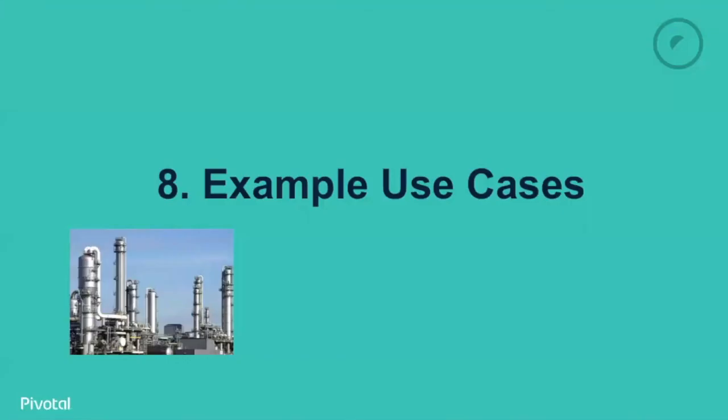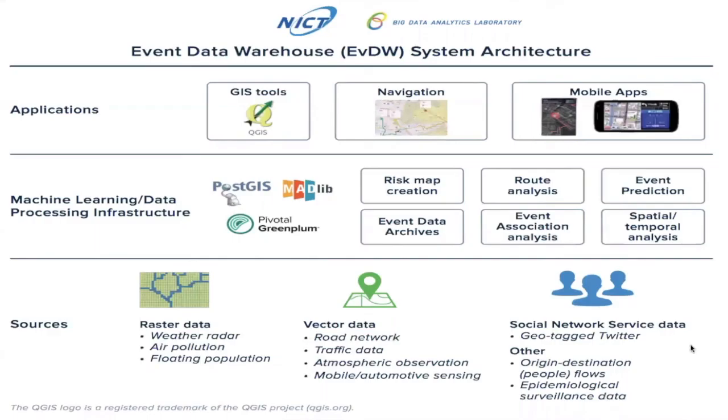Now let's take a couple looks at different use cases that we have involving the different analytical tools that we have for Greenplum. So here we have NICT, which is the transportation and weather response arm for the Japanese government. So they have a lot of different data sources that are coming from various sensors around the country, as well as social network service data, either geotagged Twitter data or Facebook data that's coming from various users.